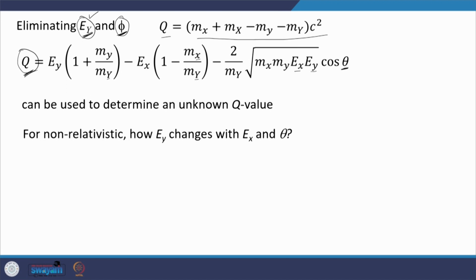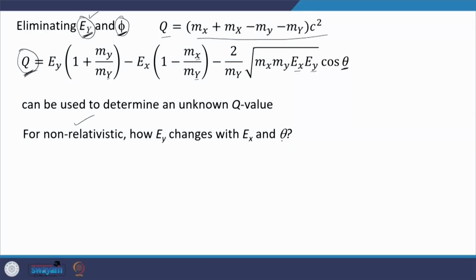Now, confining the discussion to non-relativistic only, it is always interesting, and in general we always look forward to have a relation between the energy of the ejectile and the angle with which it is emitted. Okay. How is the energy of the ejectile changing with respect to the incident particle beam energy and the angle with which this ejectile is moving with respect to the incident beam direction? Alright.